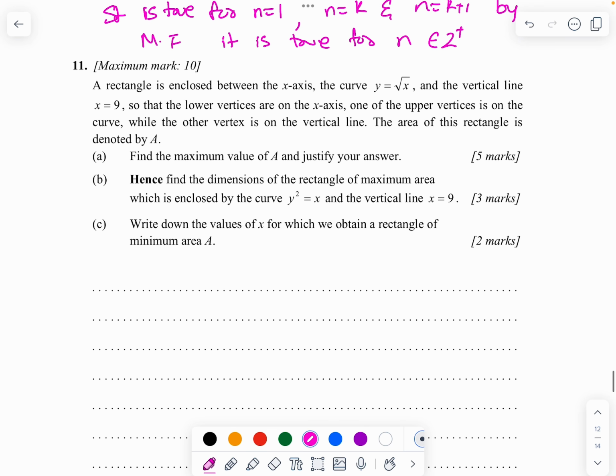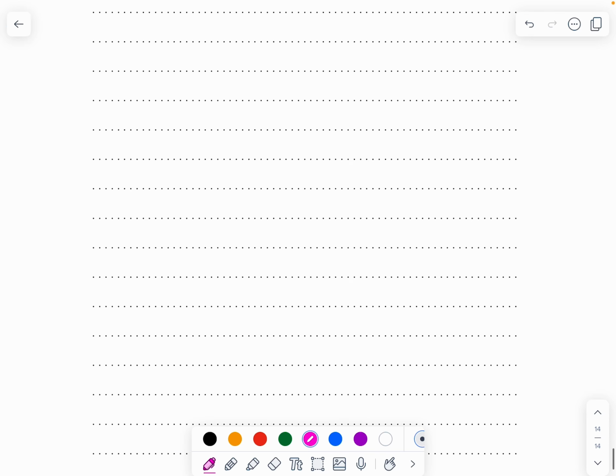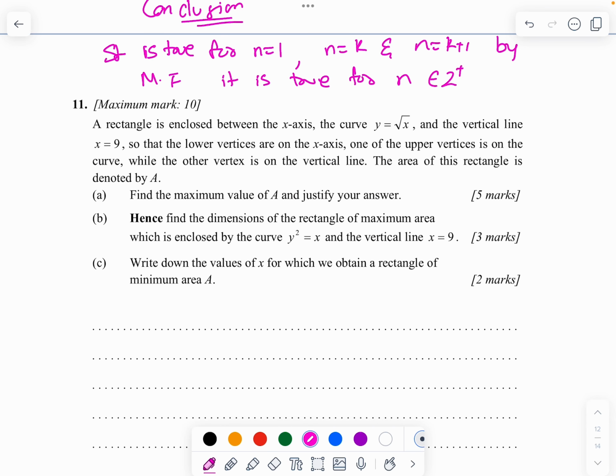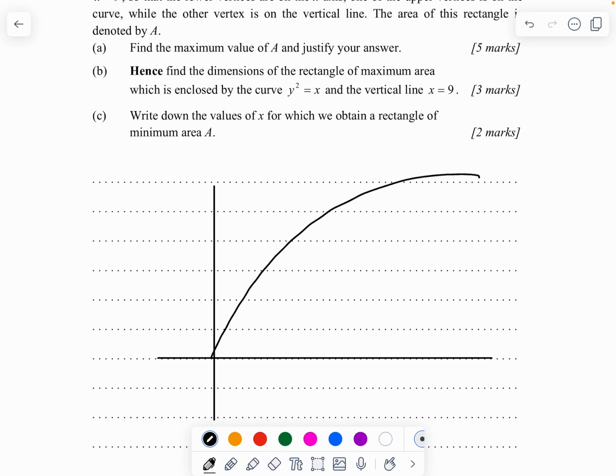Now question number 11. I think so. This is the last question. And last 11 and 12. 11th question, question number 11. A rectangle is enclosed between the x-axis and the curve y equals square root of x, and a vertical line x equals 9.